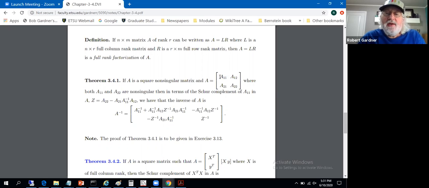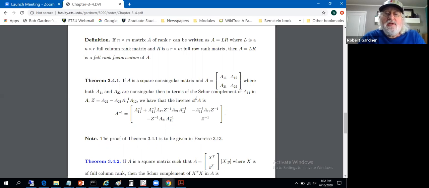Let me highlight just the left-hand half. And similarly, since A is full rank, then all the columns must be linearly independent. So we could calculate the rank by considering the rank of the left-hand half and the rank of the right-hand half. We must have an equality there. So A11 and A22 will have to be non-singular as well.